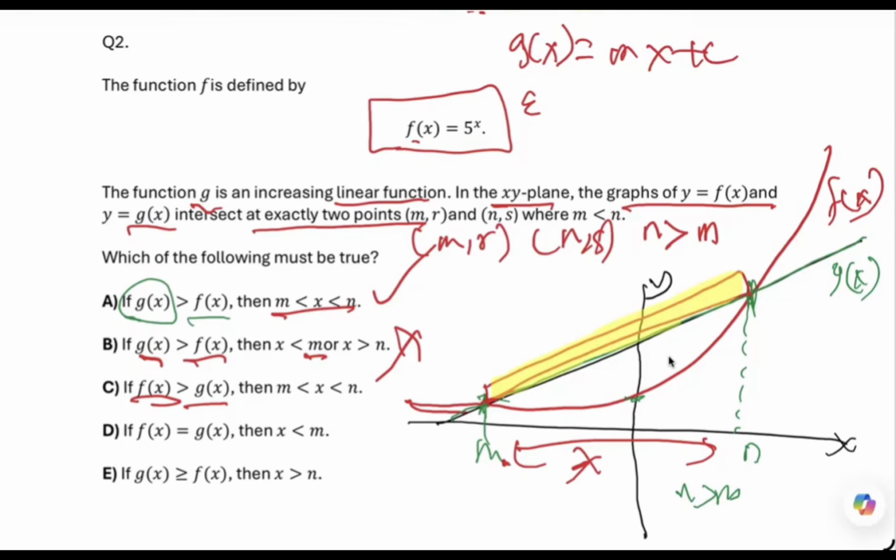If f of x is greater than g of x, look at the graph where f of x is on top. So here, like that, f of x is on top. Here, f of x is on top. x is greater than m. Well, x will be here. Look at it.